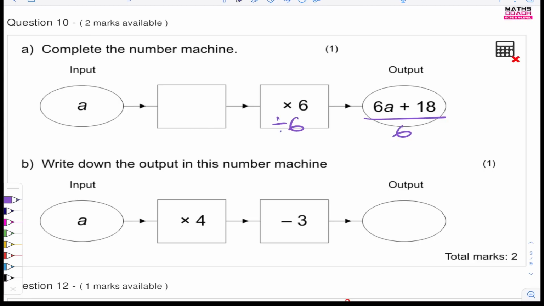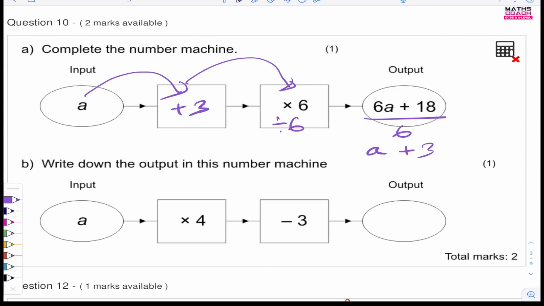If you divide this by 6, 6a over 6 is just a, and 18 divided by 6 gives you 3. So you have a plus 3. That means in here, you must have added 3, because a would have gone in here, add 3, and then gone in here, times by 6, and then gave you all of that. So plus 3 is your answer here.